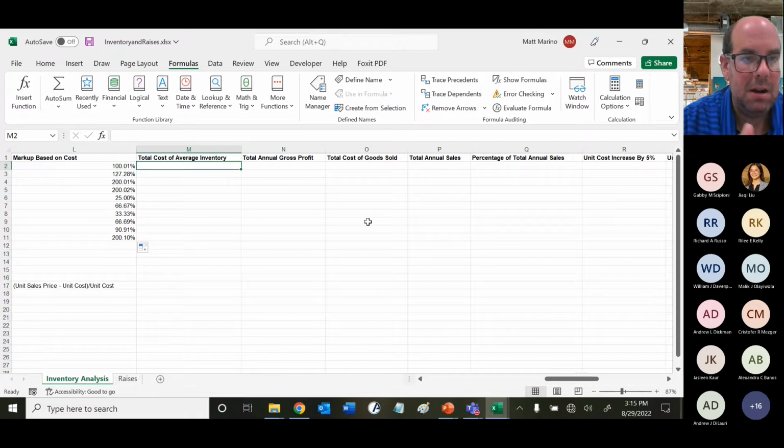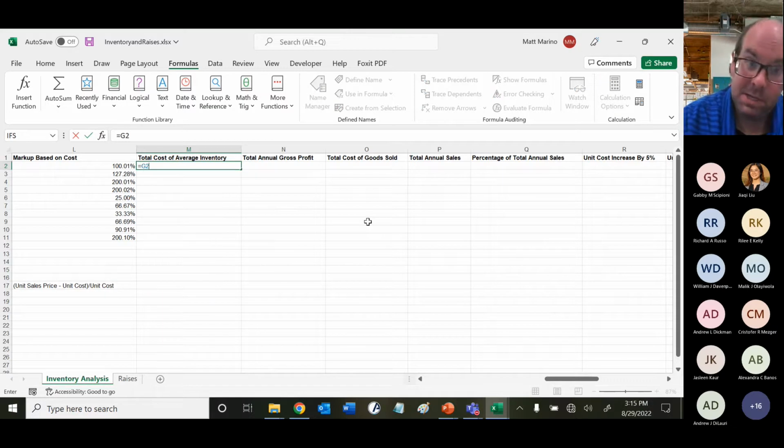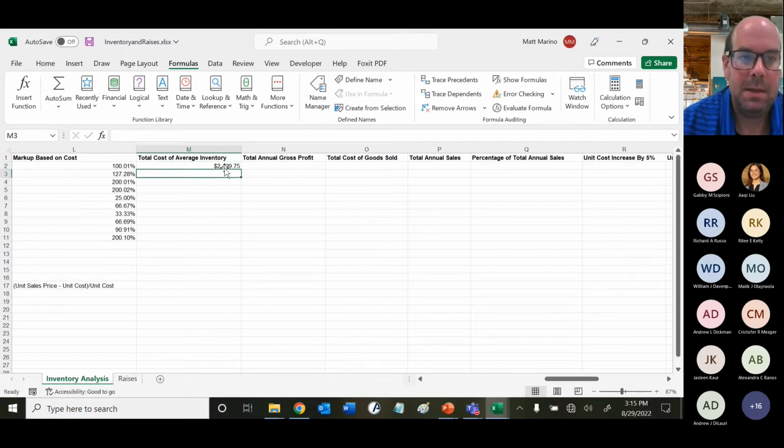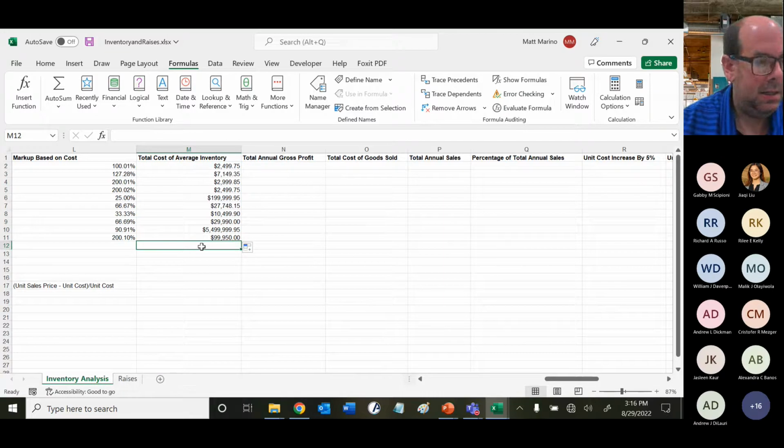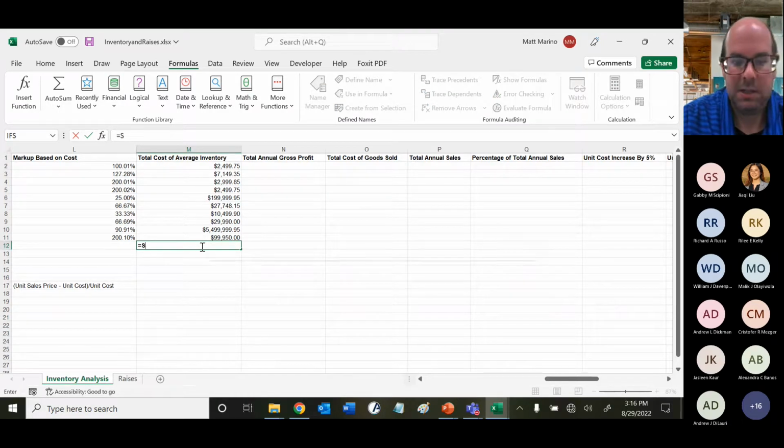So now we're going to calculate our total cost of average inventory. We already have this. So all we need to do is do equals G2. And drag that down. In cell M12, let's calculate our total of all of these.